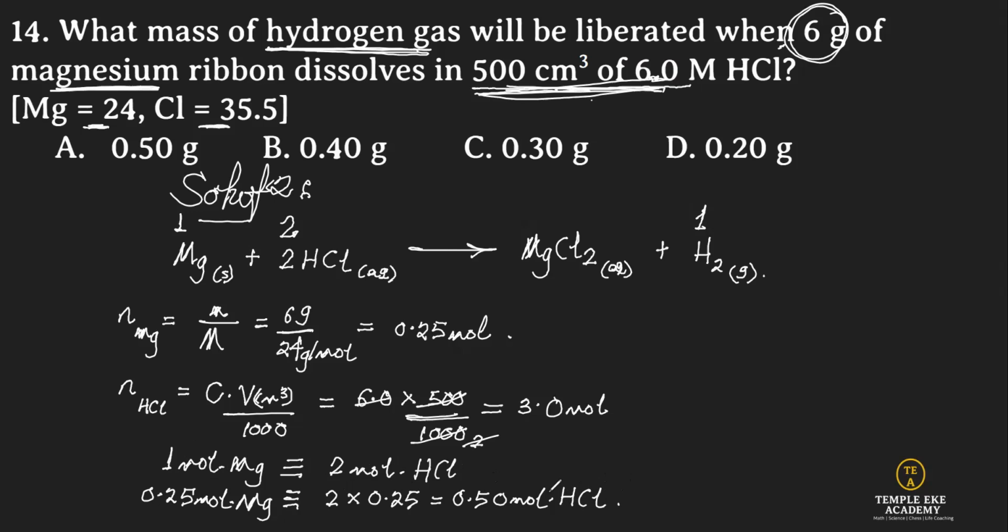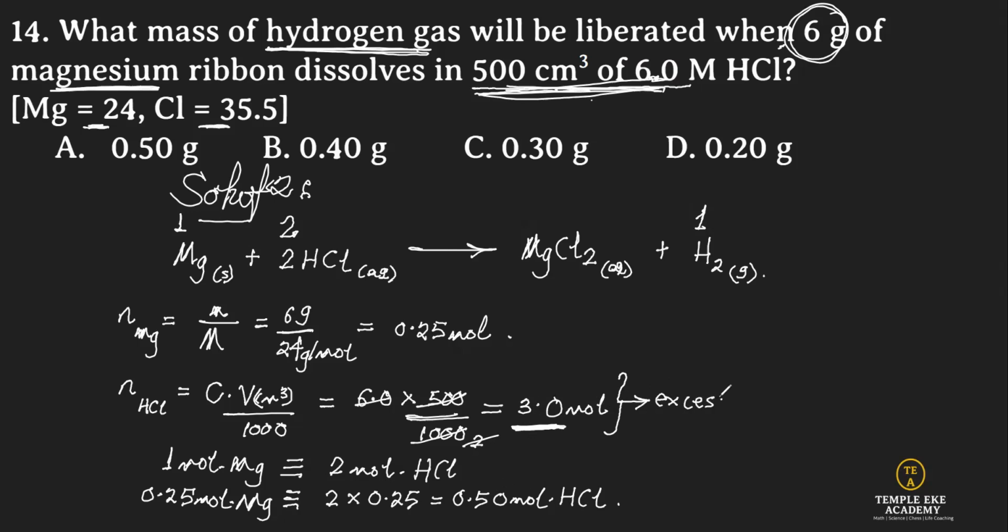But wait a minute. In the problem we have already 3.0 mole of hydrochloric acid provided, and we require 0.50 mole, which means hydrochloric acid is present in excess. 3.0 mole of hydrochloric acid, and we require just 0.5 mole, which means hydrochloric acid is the excess reactant.